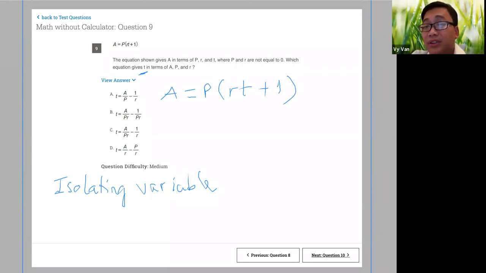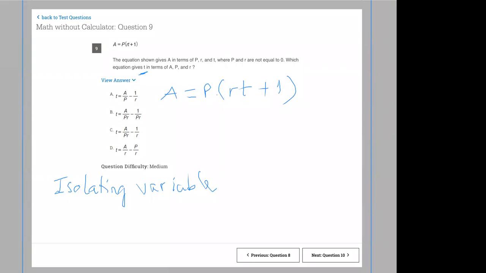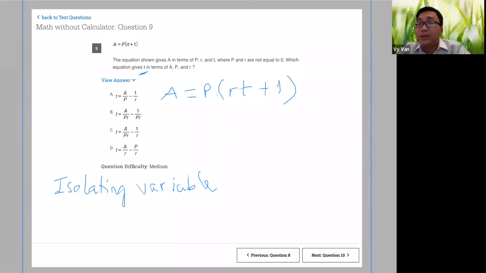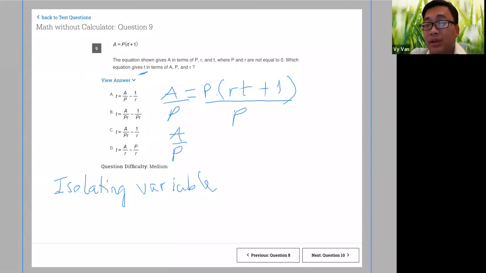First things first, this P right here is multiplying the parentheses. So in order to undo P, we do the opposite, which is dividing. Dividing P on both sides, we get A over P equals RT plus 1.